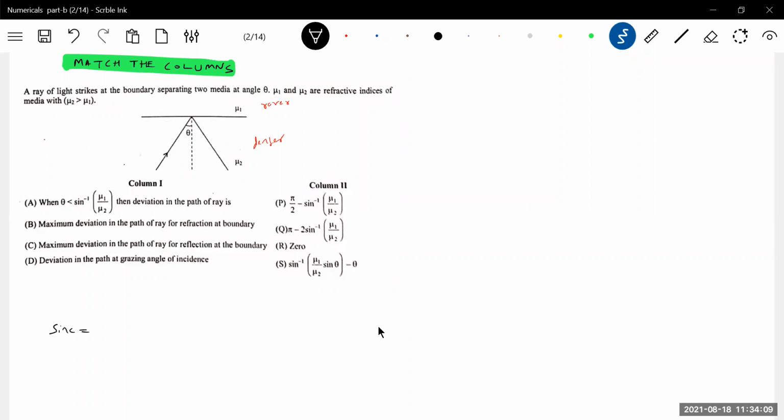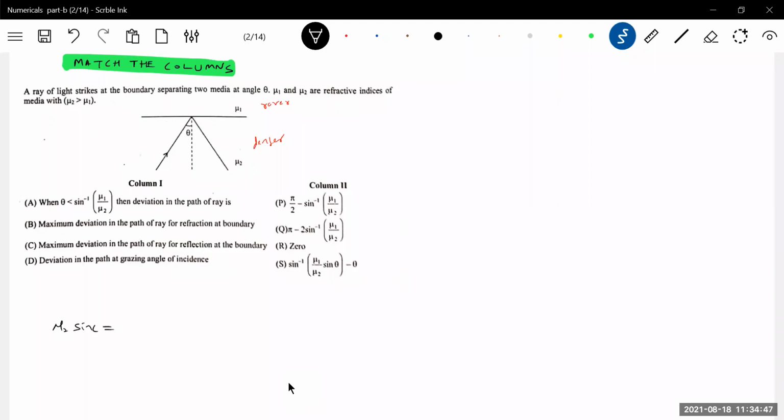Sine C, we will define. So this will be the critical angle. We do define it like this, no?